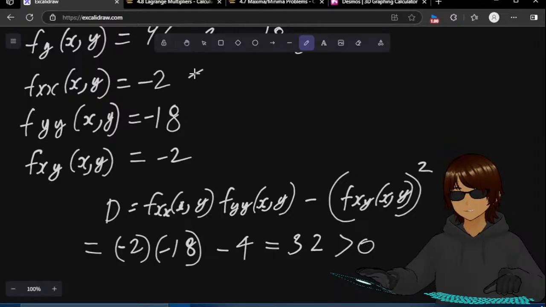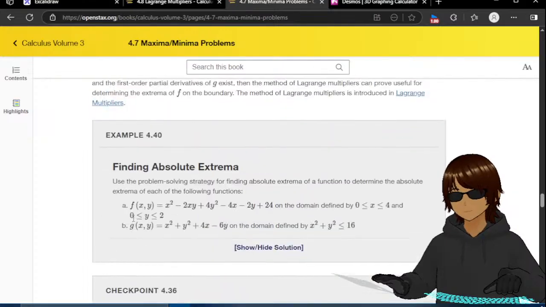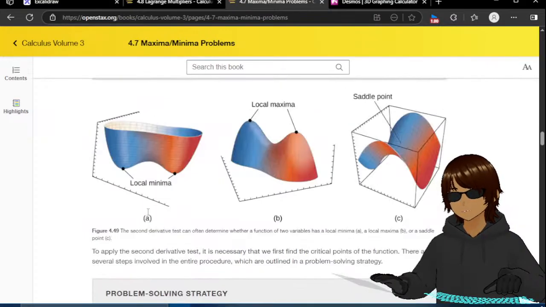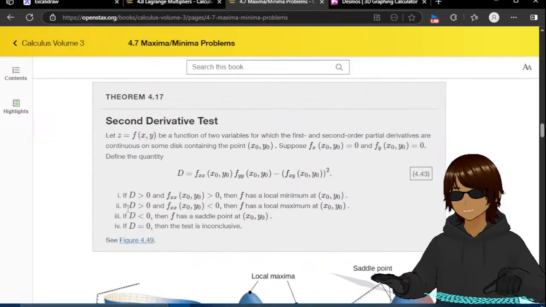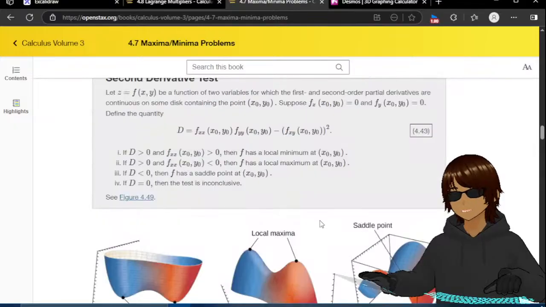And then xx is less than 0. So D more than 0 and xx less than 0, then f has a local maximum at x naught y naught. But we also need to check the boundaries, right?